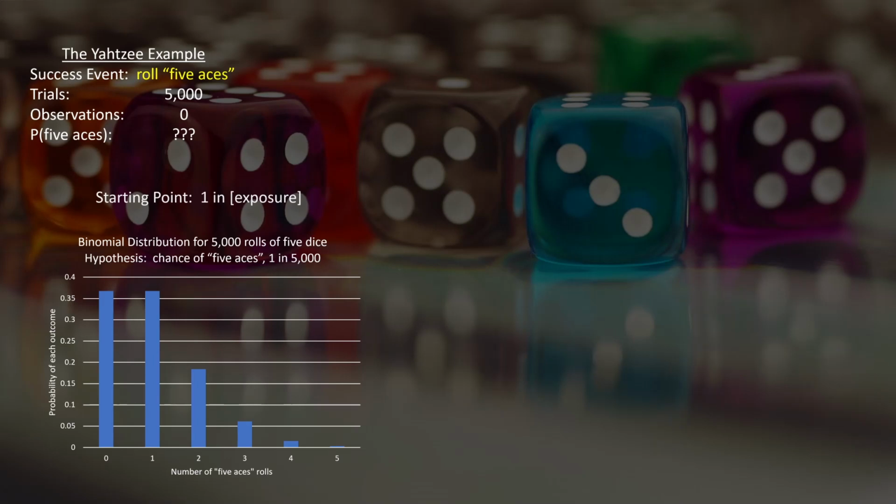So if we remove those dice and start moving into the next part of this, let's set a target of 50%, a 50-50 chance of seeing this particular outcome. Rolled the dice 5,000 times. There was a 50% chance that I did see a 5 ace outcome, and there's a 50% chance that I didn't. This works a lot like another concept in statistics where you essentially assign a confidence level.